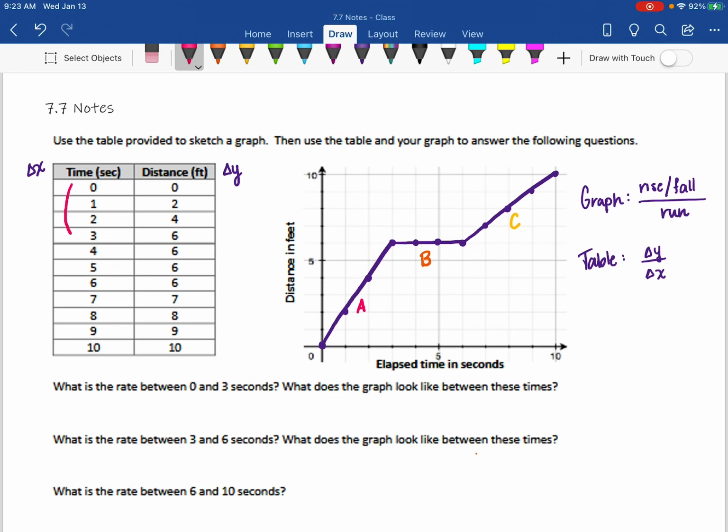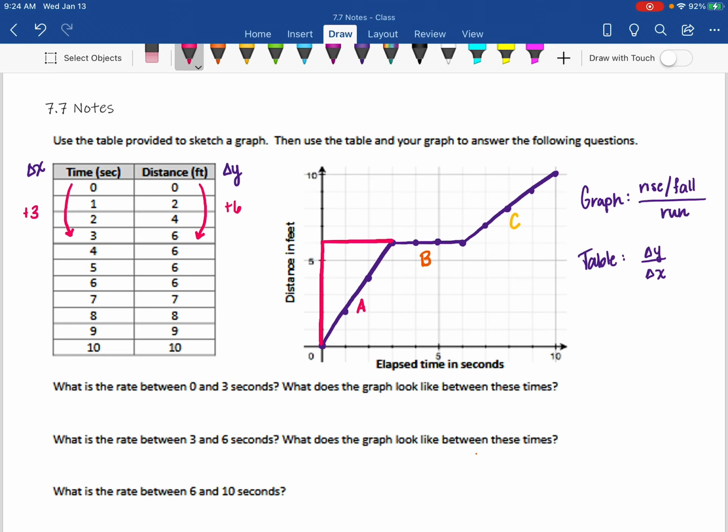Okay, so from 0 to 3 seconds, if I were looking at the table, I would say to myself, okay, 0 to 6, what's the change? The change is plus 6. 0 to 3, what's the change? The change is plus 3. If I were more of a visual person and I wanted to use the graph, I would draw my slope triangle in and I would find the measurements of both sides.